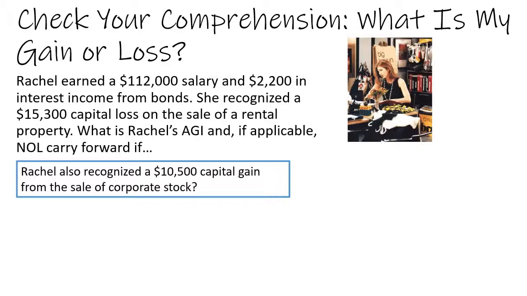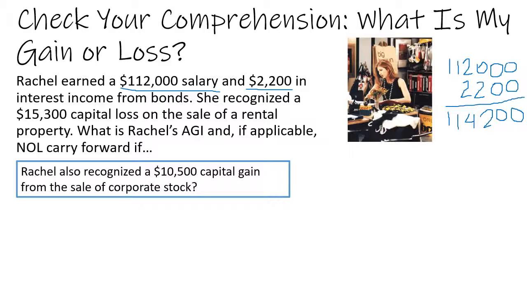So let's figure out Rachel's adjusted gross income and, if applicable, net operating loss carrying forward. Well, first, let's figure out Rachel's ordinary income. She receives a salary of $112,000 and she receives $2,200 in interest income, which is taxed as an ordinary item. So this means that Rachel's gross salary is $114,200.